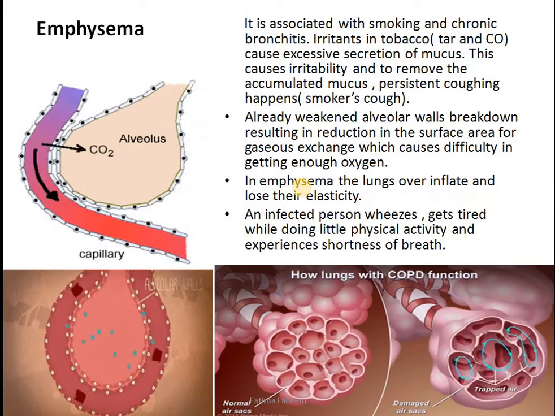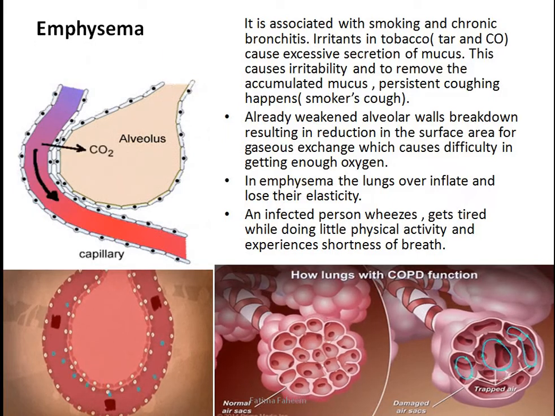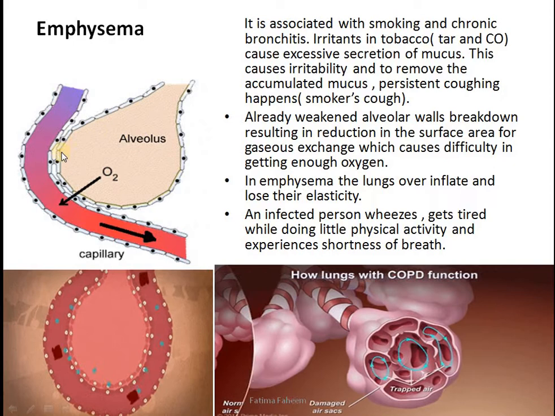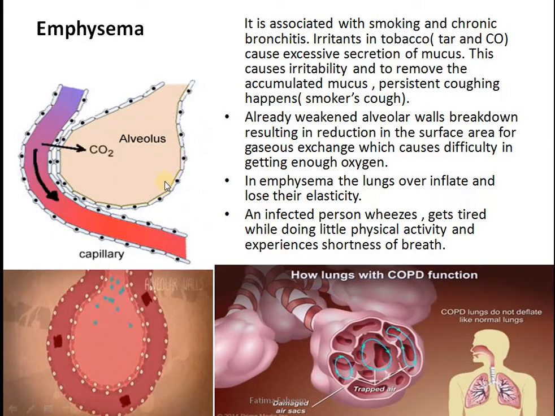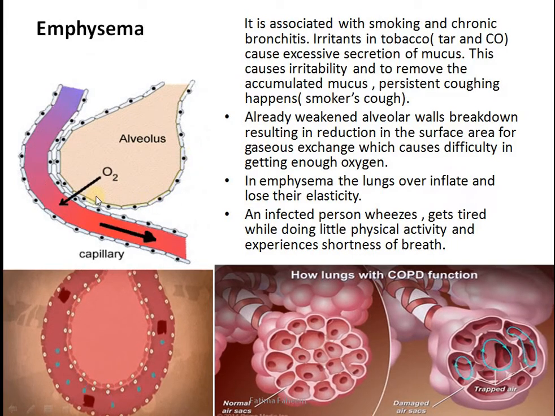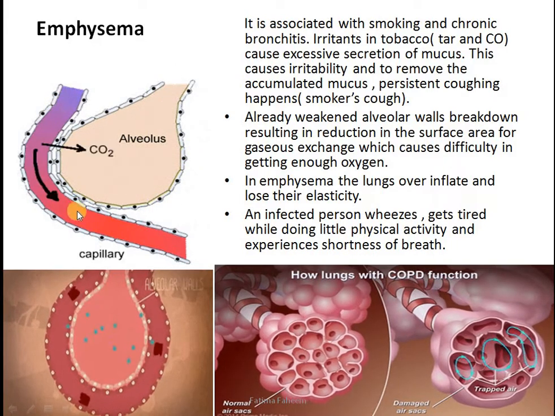Next disease is emphysema. Before understanding the disease itself, I hope you remember that the basic unit of the respiratory system is the alveoli, which is one cell thick and is surrounded by many blood capillaries.